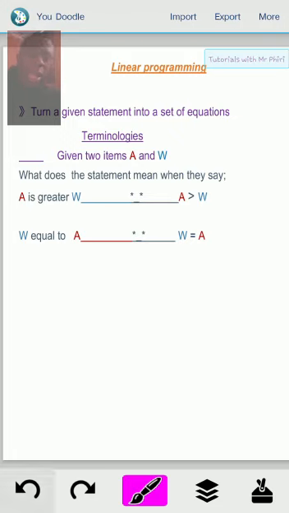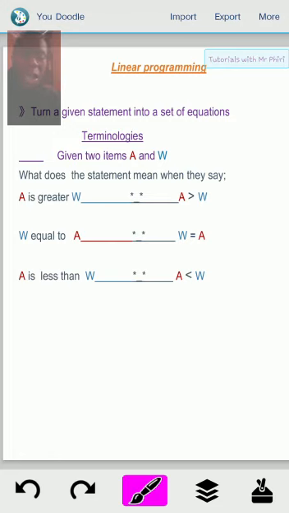And another statement, let's say they say A is less than W. Previously, in the first statement, the big side of the symbol pointed at the big letter, and the small side pointed at the small letter. Now here, A is less than W, so the small side of the symbol points at the small one, and the big side points at the big one.